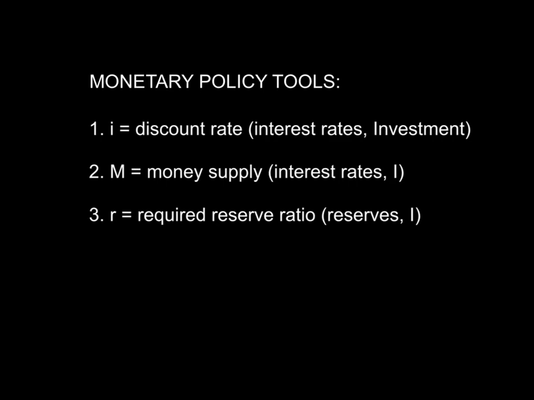All of these things should serve to make investment cheaper and thereby encourage it. And this should all work in the reverse. If we're thinking about contractionary policy, then we're seeking to raise interest rates through one of these methods, making investment more expensive and reducing that component of GDP.